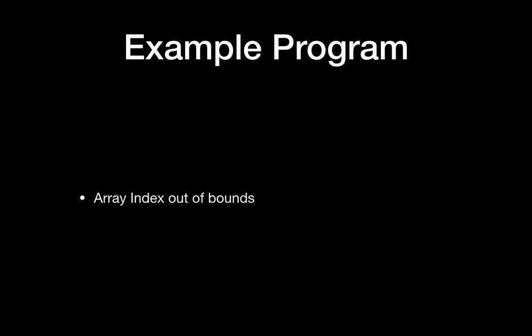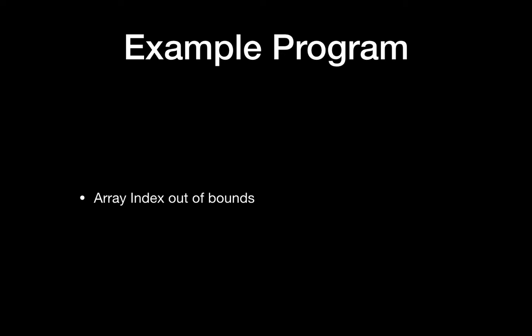Guys, in this video we are going to continue our discussion on exception handling, and we are going to talk about another very common type of exception handling, that is array index out of bounds. Now we know that if the size of an array is n, then the valid indices range from 0 to n minus 1, right?